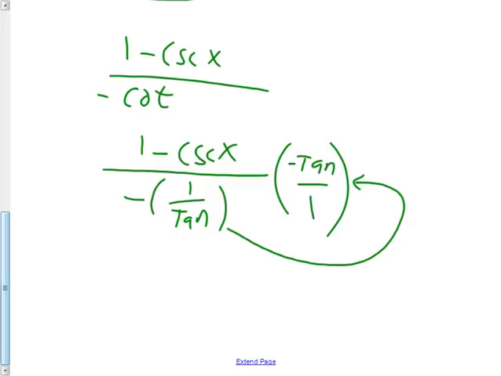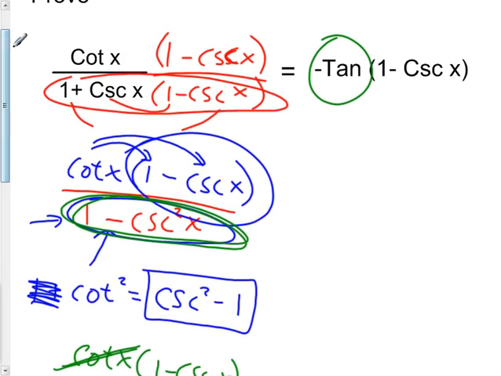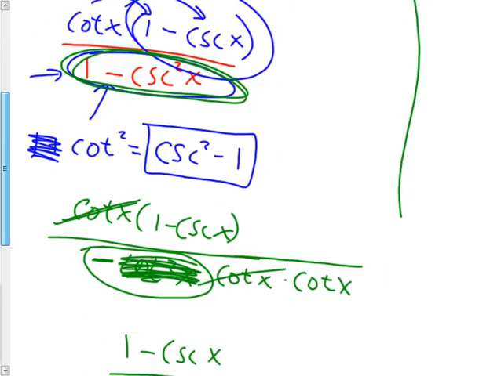And then when I multiply it out, I'm going to put the negative tangent in the front so it looks like the other one does. And then 1 minus cosecant all over 1. And how do I finish a proof? It has to equal the other thing from up here, and I bring it all the way down.